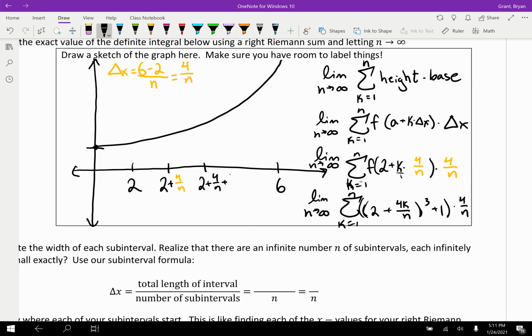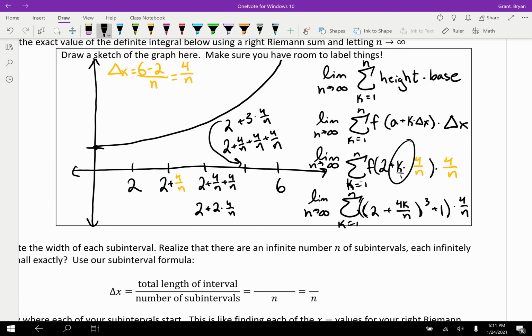Then we need to add another 4 over n to get to the next one. And a way to phrase that is you added 2 of those 4 over n's. If you want another one, 2 plus 4 over n brings us to the next x coordinate, plus another one, next x coordinate, but we need to go one further, next x coordinate, which is 2 plus 3 of those 4 over n's.